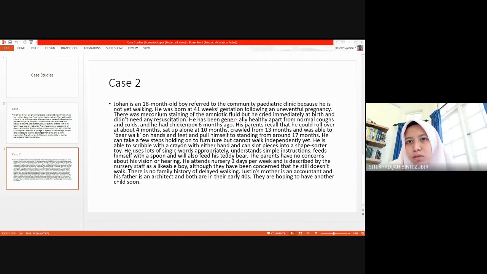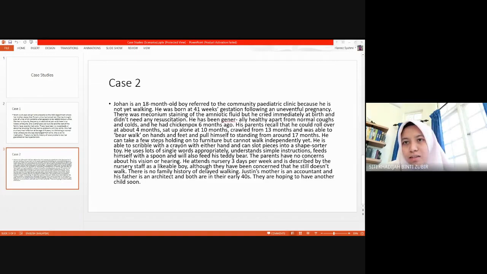He is able to scribble with a crayon with either hand and can slot pieces into a shape sorter toy. He uses lots of single words appropriately, understands simple instruction, feeds himself with spoon, and will also feed his teddy bear. The parents have no concern about his vision and hearing.